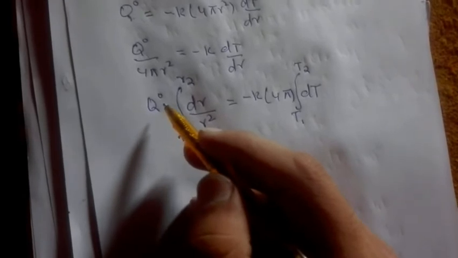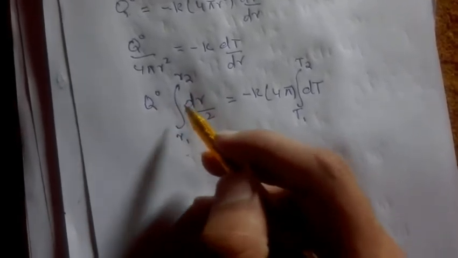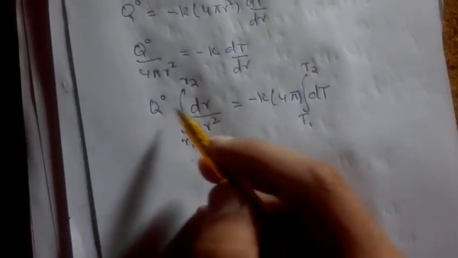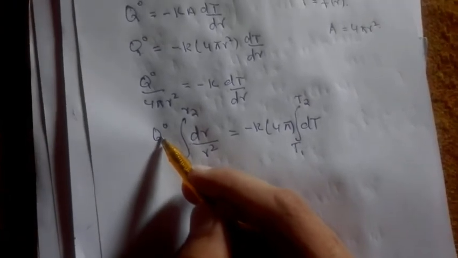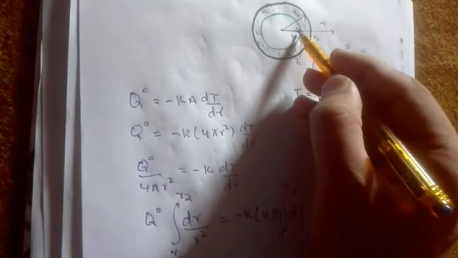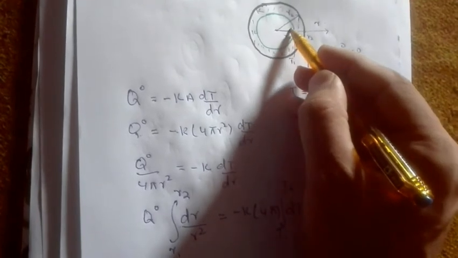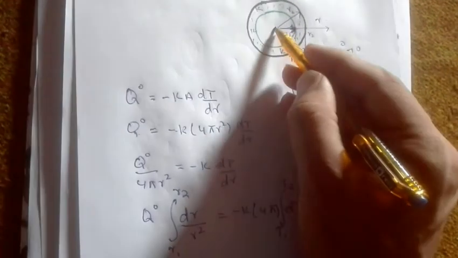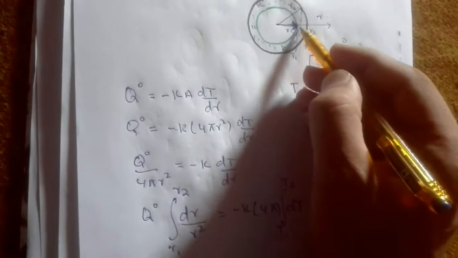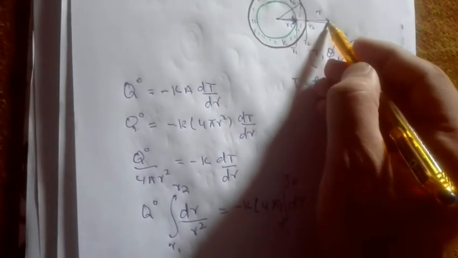Now simplify this, we will get, this is a constant quantity, so it comes out of the integral sign. So the heat rate is constant. As we know, the heat entering in this direction is equal to the heat leaving in this direction.